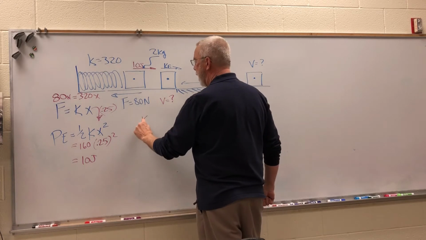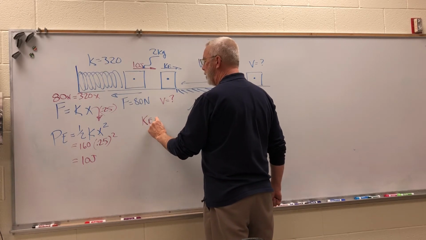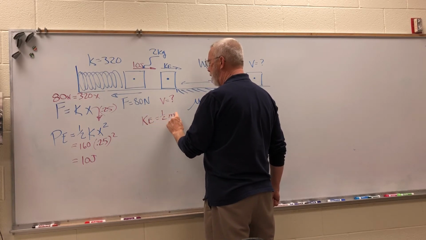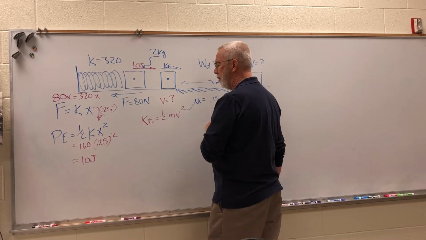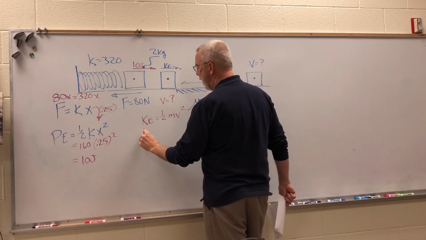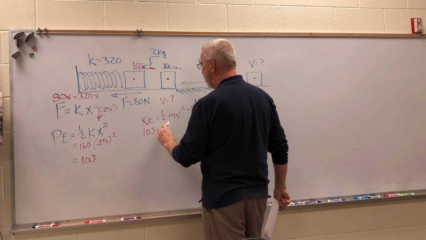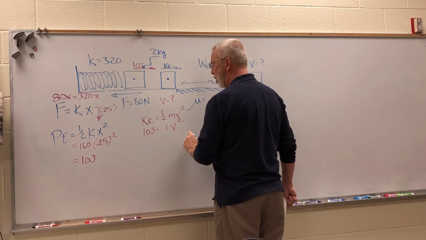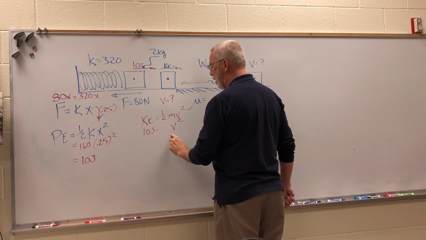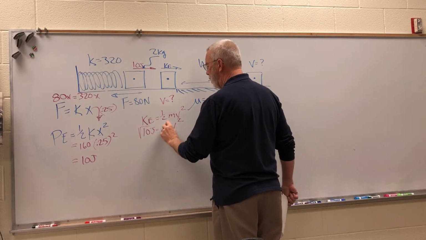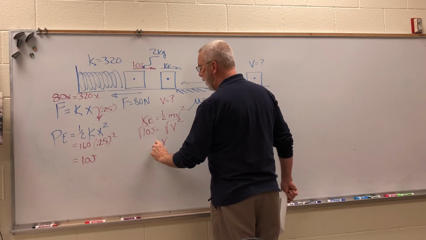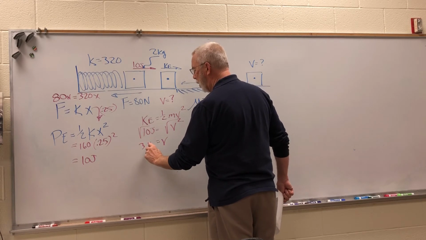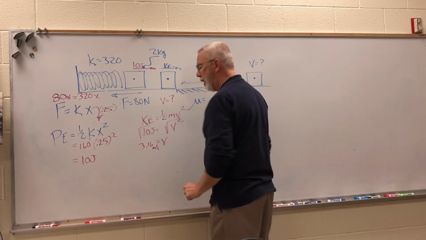Well, the kinetic energy of the block is equal to 1/2 of mv squared. So we've got 10 joules is equal to half of 2, which is 1v squared. And really the 1's not necessary. So we take the square root of both sides, and v ends up being 3.16, and that's meters per second.